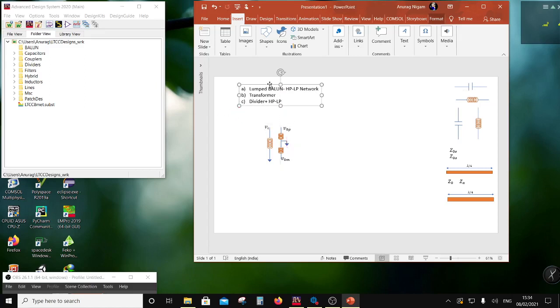So this is going to be a lumped plus distributed kind of a balun. And the last one, the very famous one, is the Marchand BALUN. This Marchand BALUN is going to be purely distributed components. It is going to use two coupled lines which are lambda by 4.